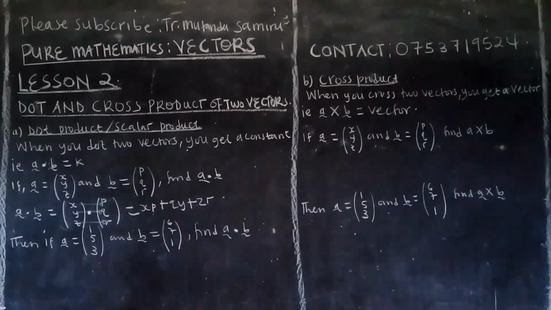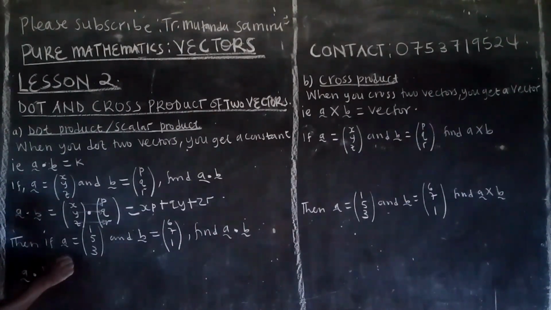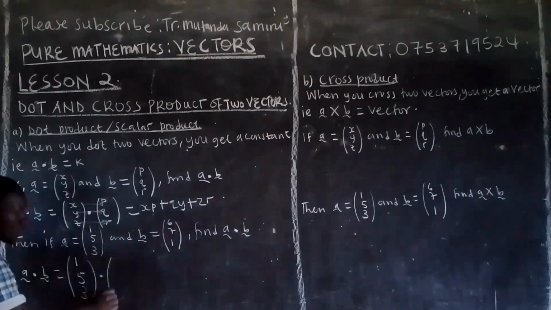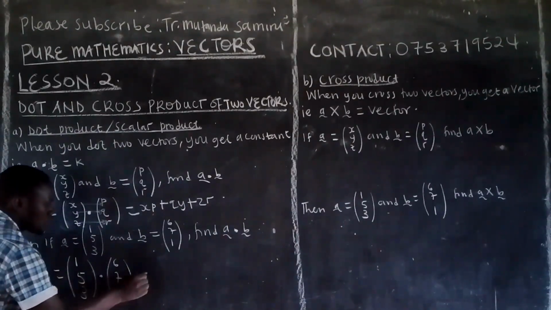Now let's have the real example and see. They want, if a is equal to that and b is equal to that, then a dot b. So here we say that vector a dot vector b is equal to 1, 5, 3 dot 6, 7, 1.